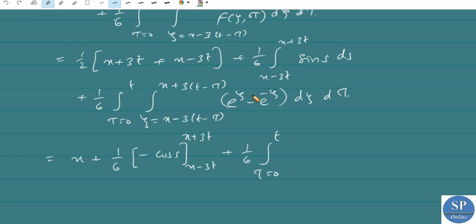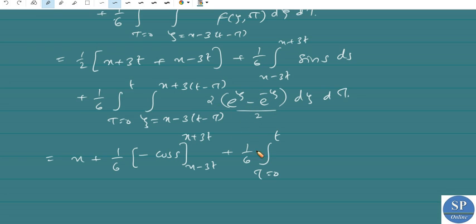The integral of this is e power zeta, or we can write 2 into e power zeta minus e power minus zeta divided by 2. So this is sin h of zeta, so 2 sin h of zeta. The integral of sin h zeta is nothing but cos h zeta.